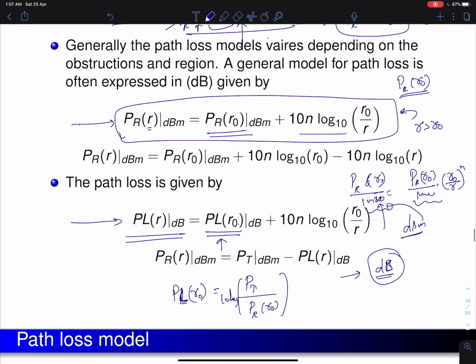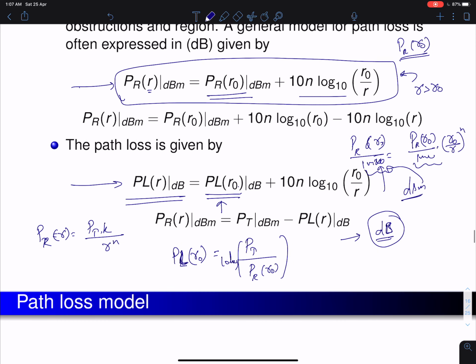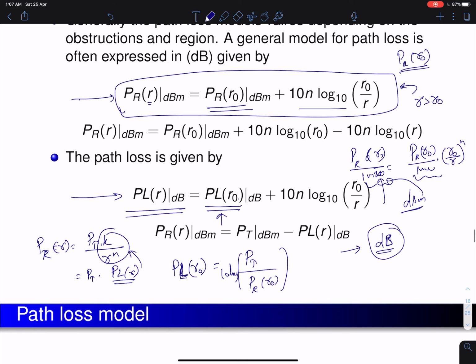So Pr of r equals Pt into some constant divided by r power n, where Pt is the transmit power. This whole term I can call the path loss at a distance r, PL of r, in a linear scale. In a logarithmic scale, path loss will be proportional to this term.